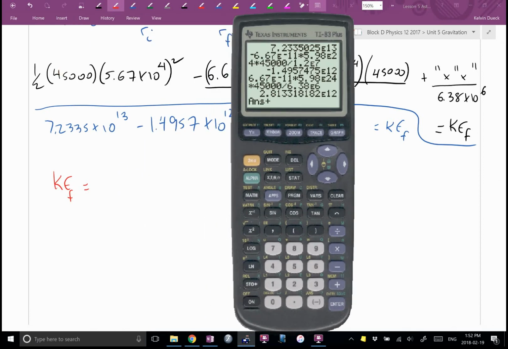Plus negative 1.4957 times 10 to the 12th. Plus positive 7.2335 times 10 to the 13th. No typos. I don't want to make a typo here. Do you get 7.37 times 10 to the 13th joules?